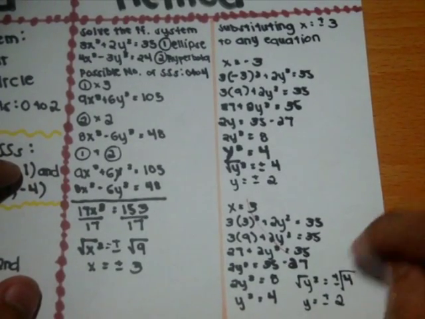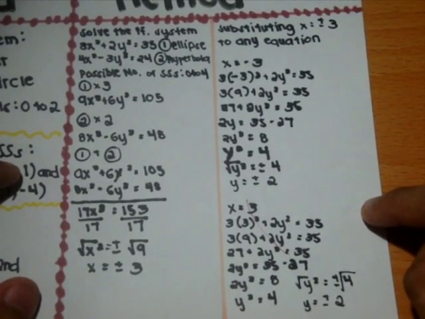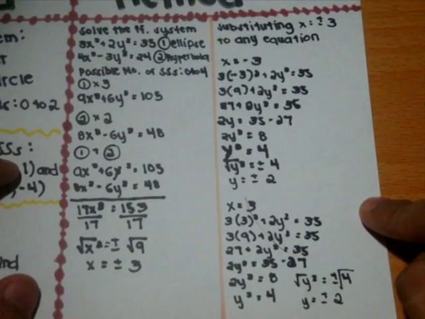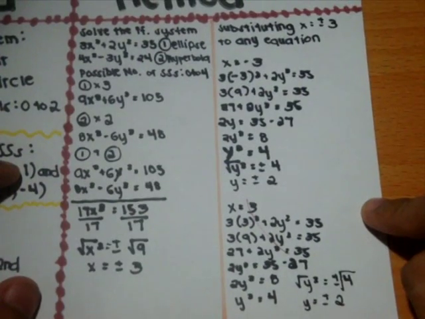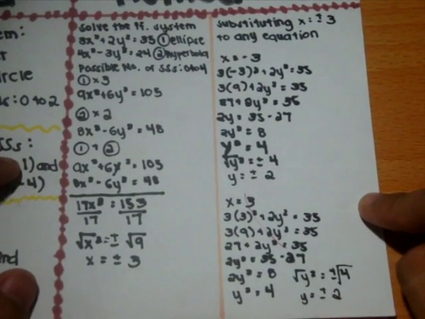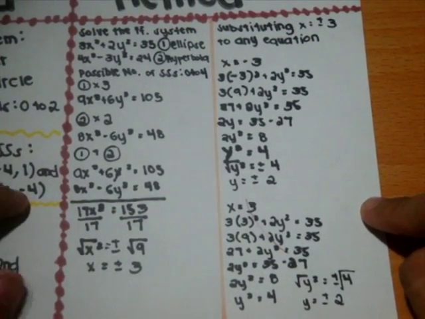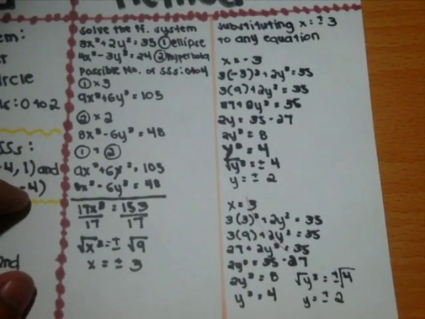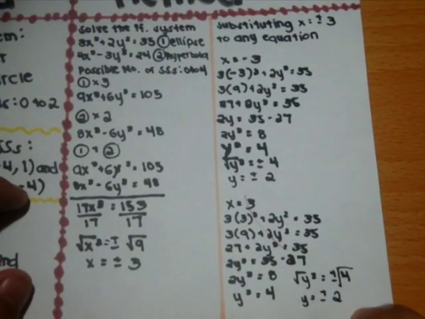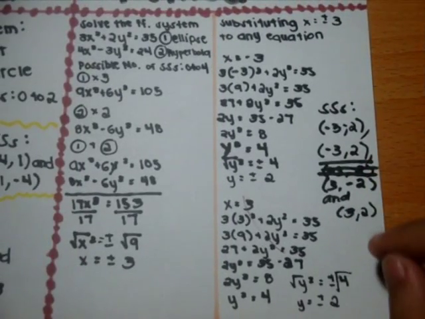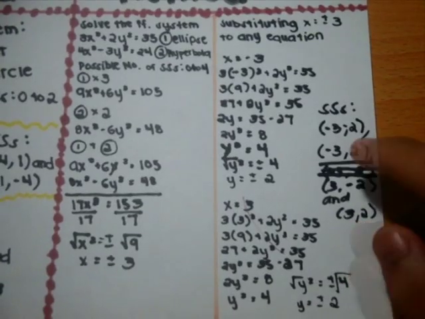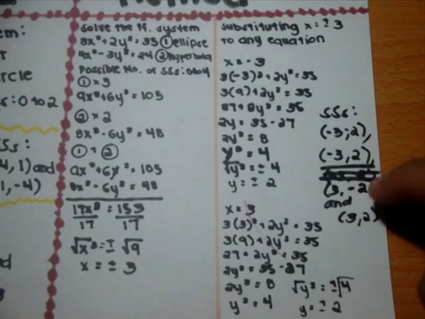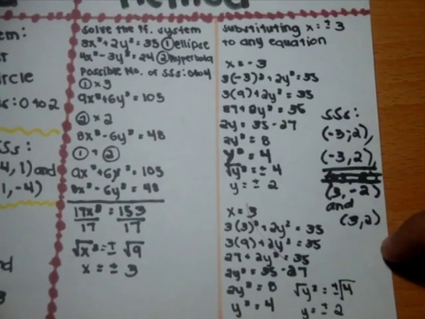So we'll have 2y squared is equal to 35 minus 27. Simplifying again, 2y squared is equal to 8. Then dividing both sides by 2, we arrive at y squared is equal to 4. Then to have the y value, we square root both sides. So we have y is equal to plus minus 2. The solution set we will have are negative 3, negative 2, negative 3, 2, 3, negative 2, and 3, 2.